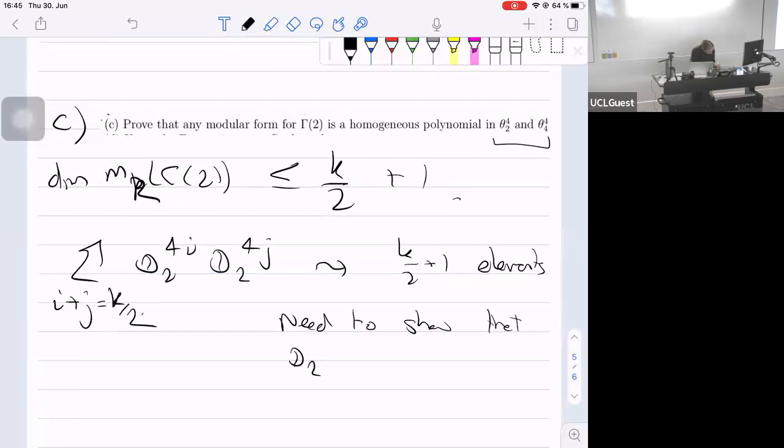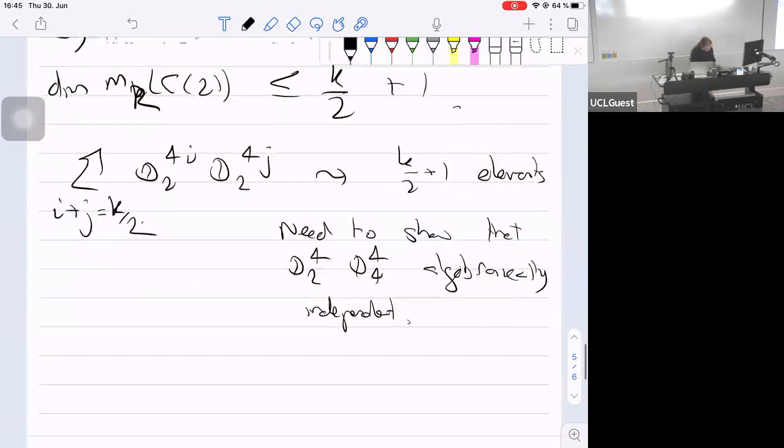But you still need to show that theta 2 to the 4 and theta 4 to the 4 are algebraically independent, so there aren't any relations that spoil this.